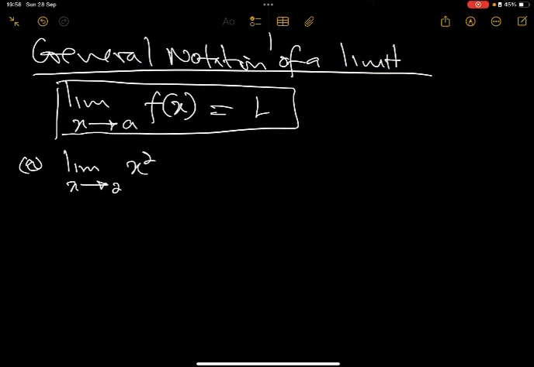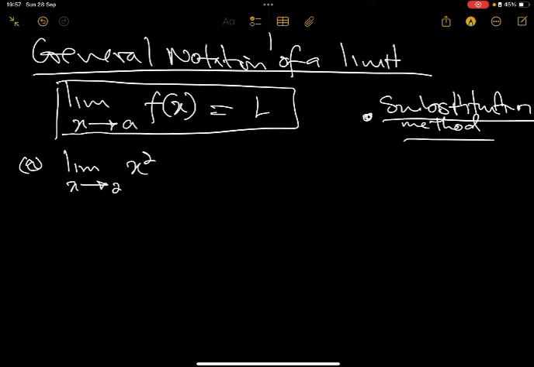The first stage to deal with when dealing with limits like this is to do the substitution method first. If the substitution method doesn't work, then I will teach you later how to deal with functions that won't obey the substitution method.